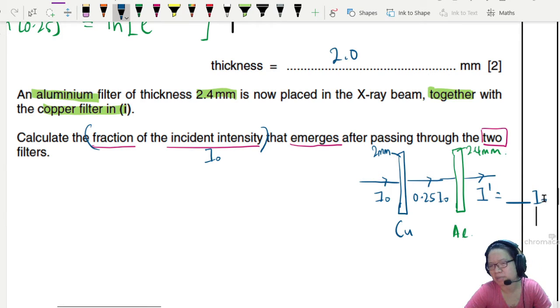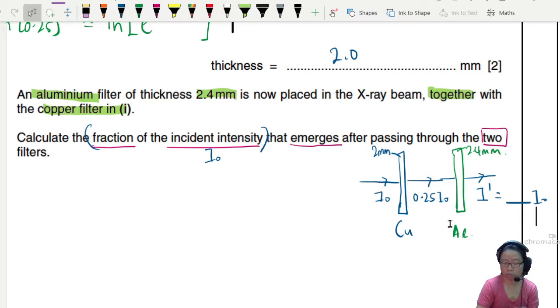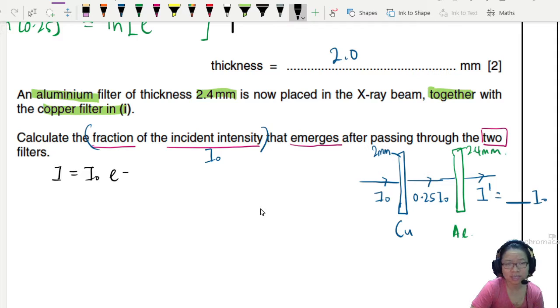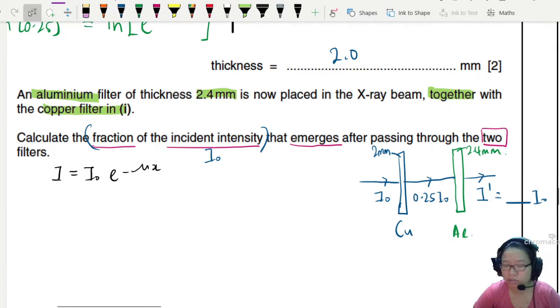The question now is we need to use the linear attenuation equation once again, but for the 2.4 mm. So I'll write the equation again because we're going to use it: I equals I0 e to the negative mu x. Once we have written the attenuation equation, we now apply it specifically for the aluminium filter.